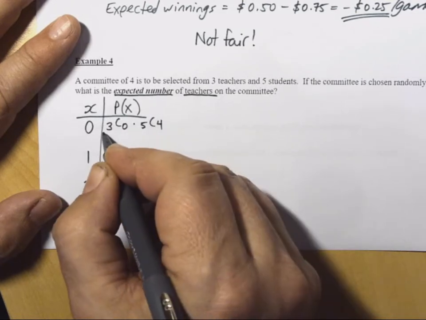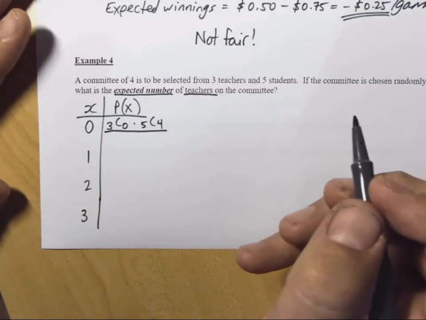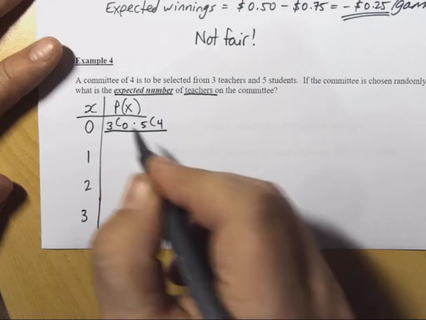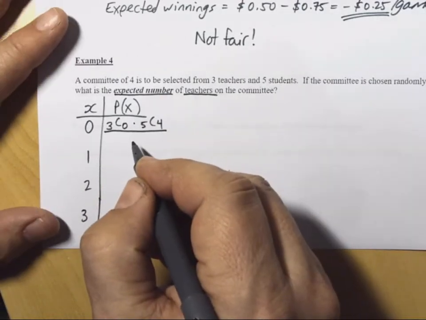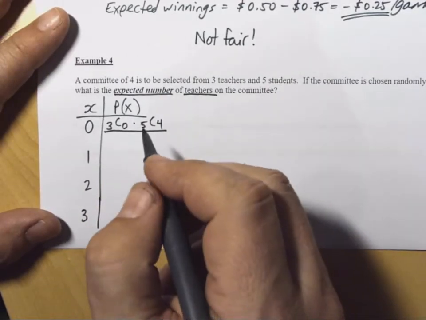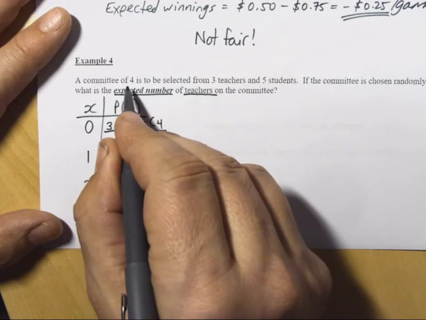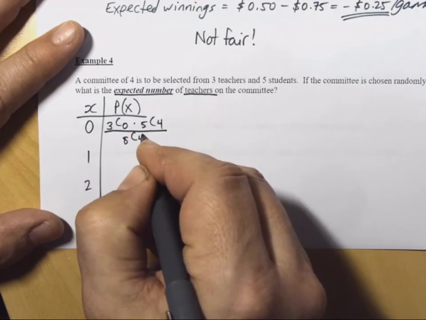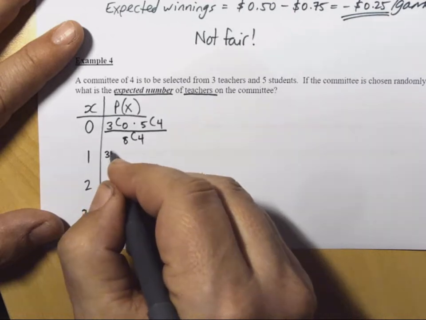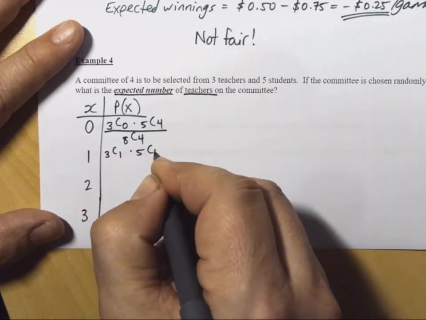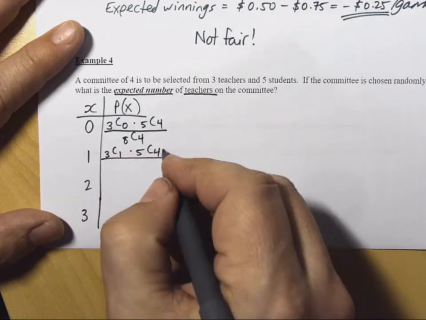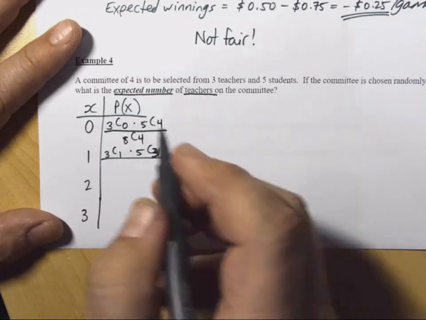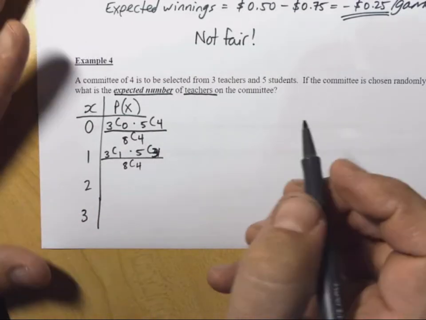5 choose 4. And on the bottom, this is NA on the top, by the way. On the bottom, NS is just, I don't care what the restrictions are. There's no restrictions to make up this committee of 4. So 5 plus 3 is 8, choose 4. 3 choose 1 times 5 choose 3, sorry, over 8 choose 4. I'll stop there.